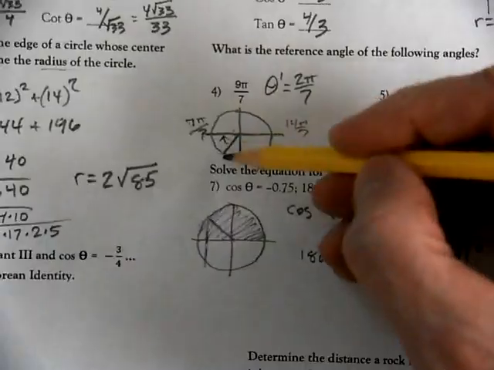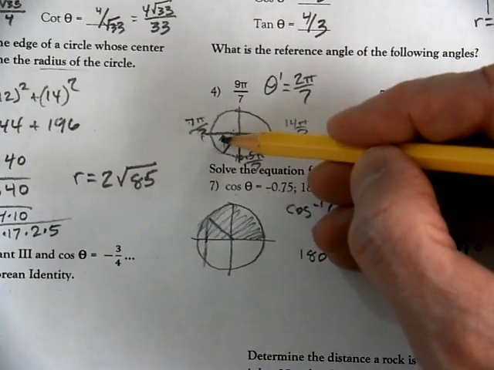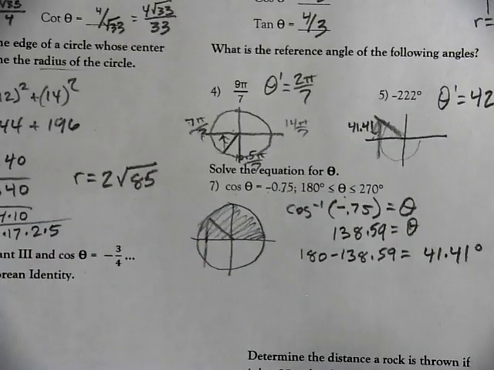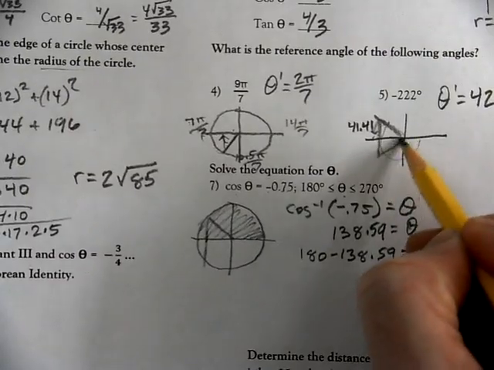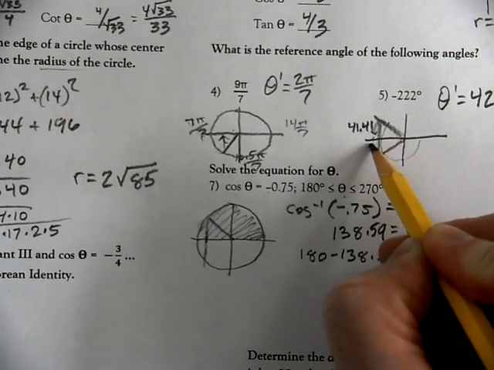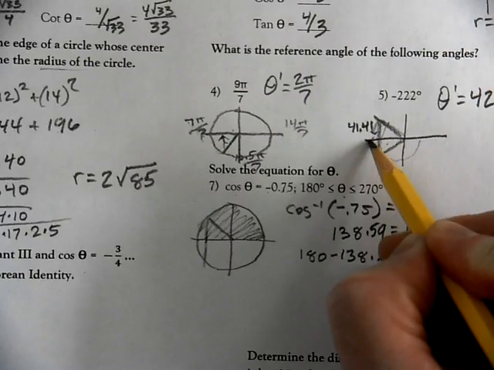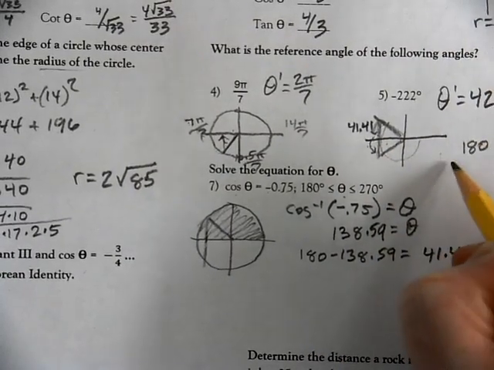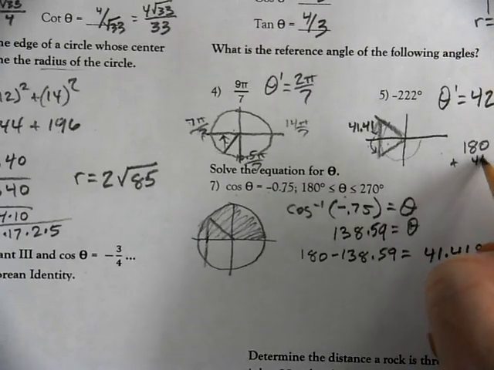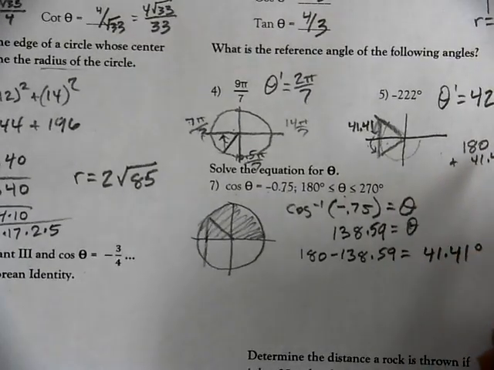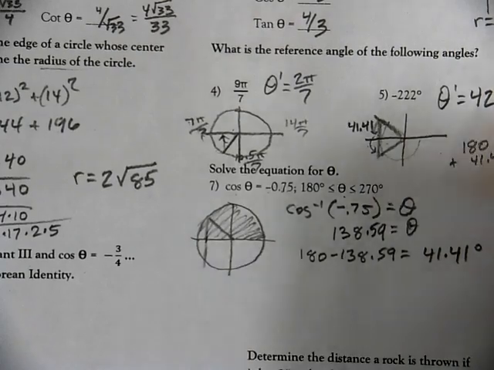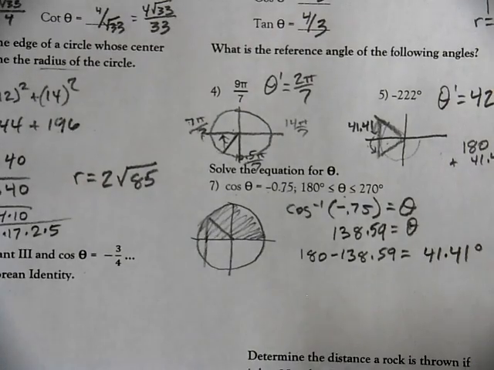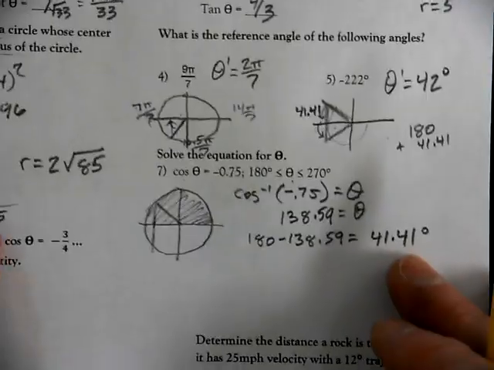I guess that would be right here, right? Nope, sorry. It's all right. So that's going to have that same 41.41, and that's going to be past 180. So now we have to do 180 plus 41.41. Oh, that drawing's down here. I'm drawing that in the wrong spot. I'm sorry. Of course.